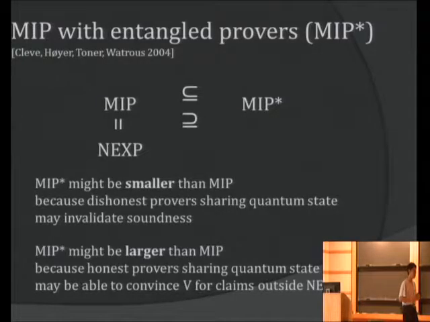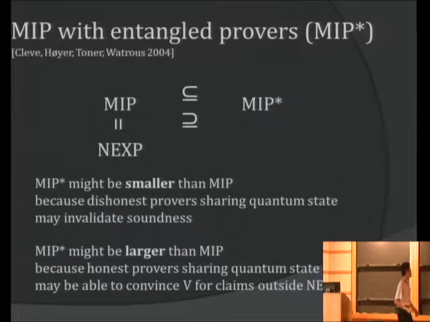This increases acceptance probability in any case. But the problem is we want to make the acceptance probability high in the true case, and we want to keep the acceptance probability low in the false case. So that's why it's not clear what the relation between these two is.